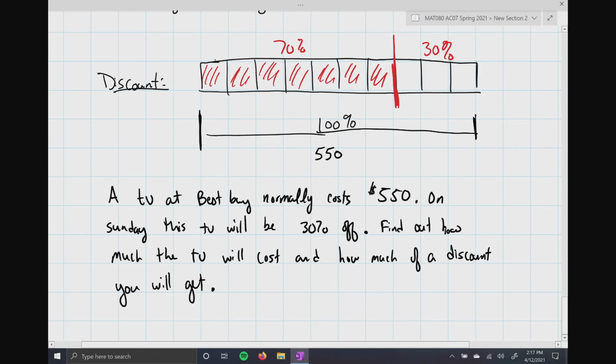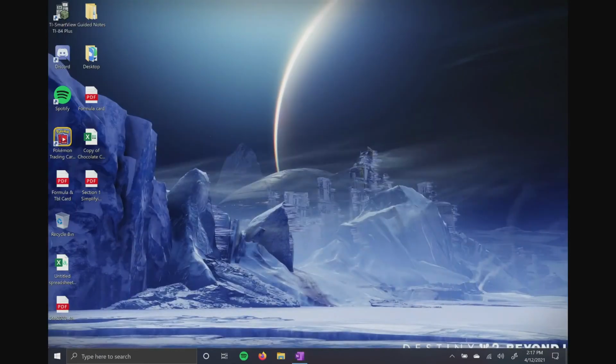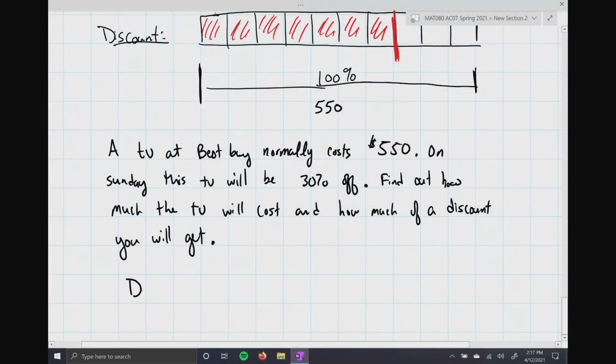Now, if I want to find 30% off, the discount is going to equal the original price minus the discount price.